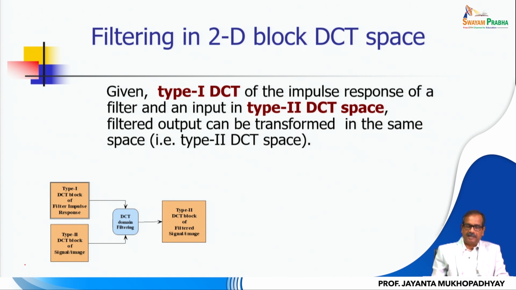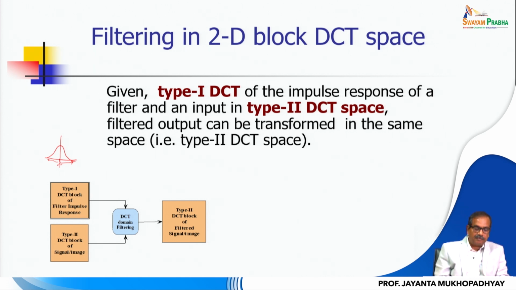filtering. For example, a Gaussian filter has a symmetric response, and if I just specify this half and use whole symmetry extension, I can get the full response itself.